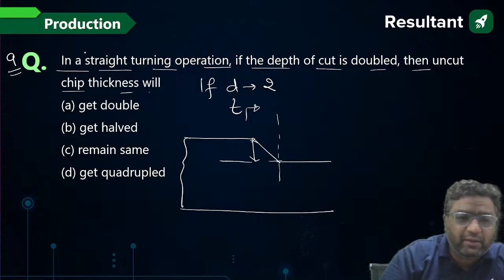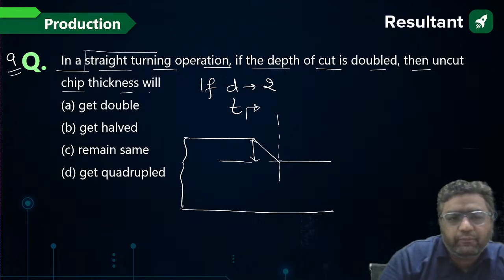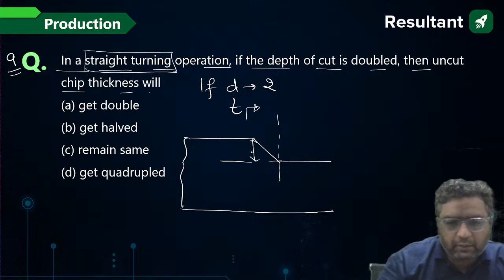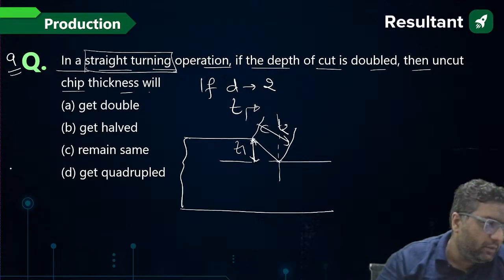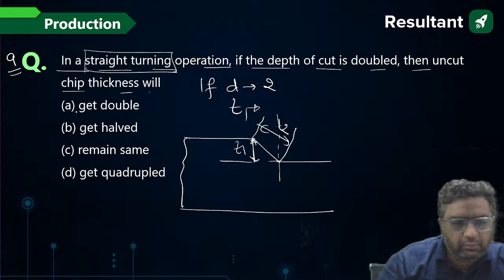But when we are talking about straight turning operation, if you remember, this was uncut chip thickness T1 and this was T2. So answer for this is A.